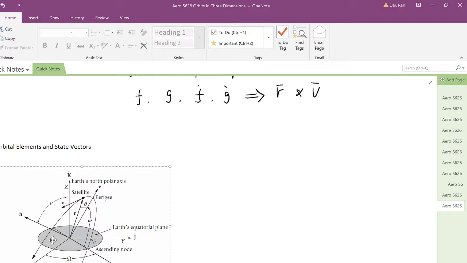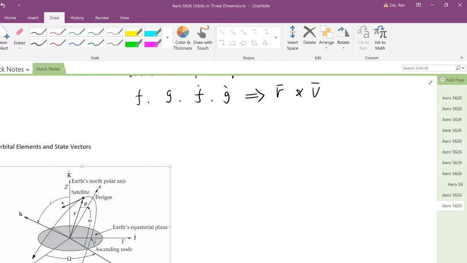The point on the node line where the orbit passes above the equatorial plane from below is called the ascending node. That's this one. As you can see, this node line vector n, we labeled here.